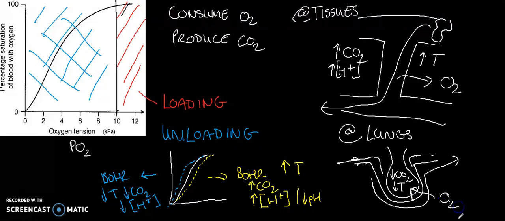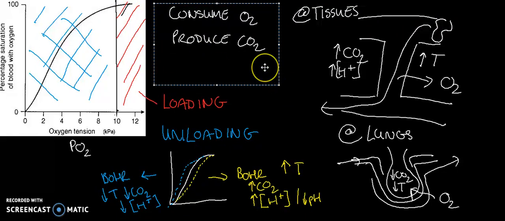So O2 goes in. So actually, what we should probably be doing is thinking about this curve in a very different way. And it's something that I've been encouraging my students to do recently, is to think about it more like this. Let me just cut this out a second.